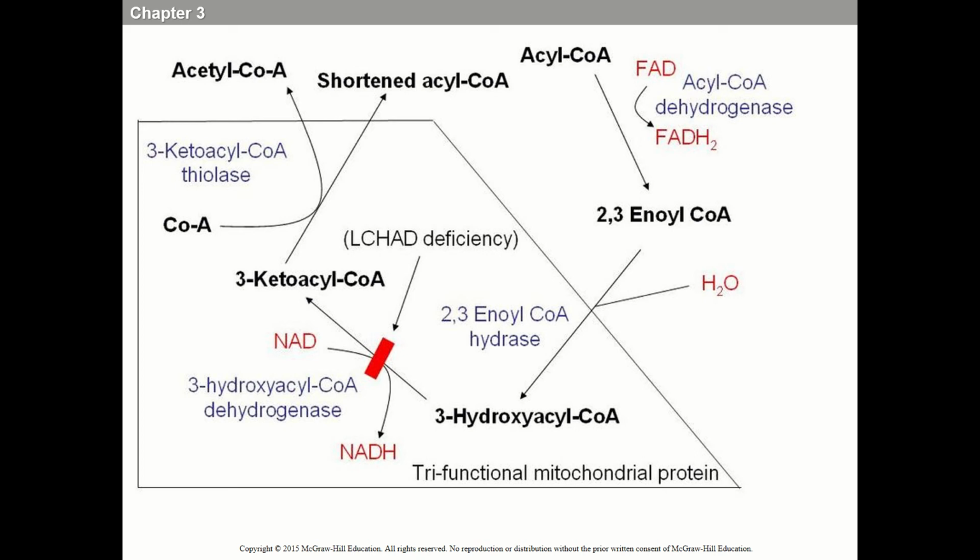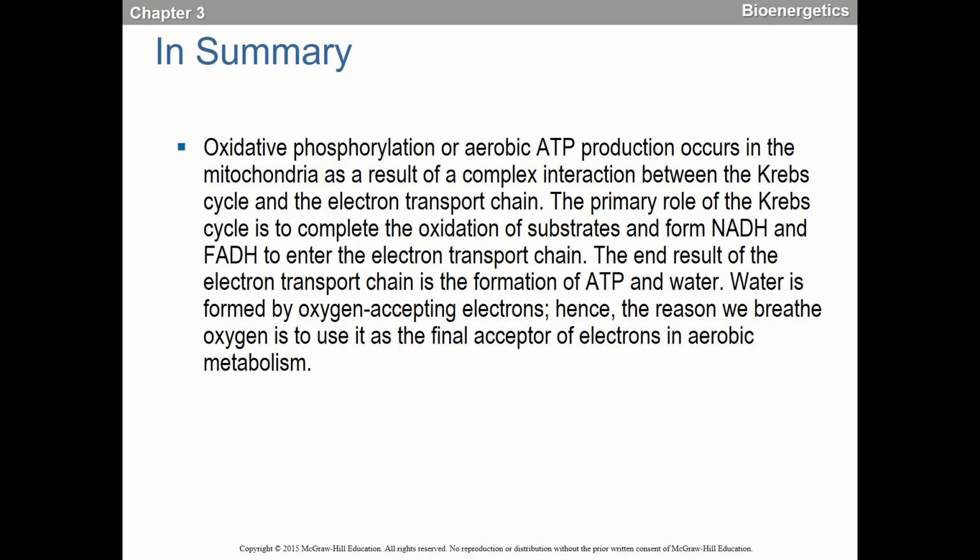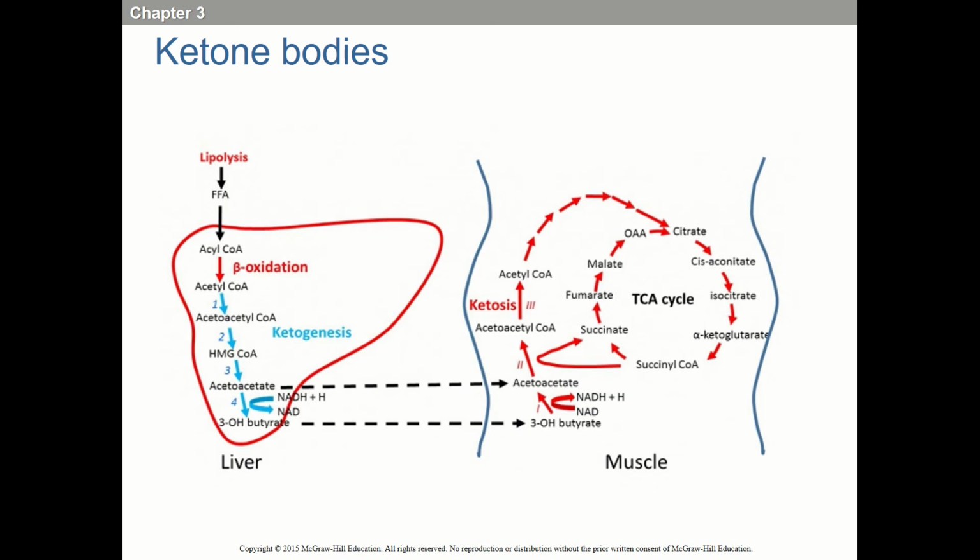So if we have 16 carbons, we go through it 7 times or so. Is that right? Something like that. That's not really much of a big deal for you to know, but really just beta oxidation is chopping off 2 carbons at a time because acetyl-CoA is 2 carbons in length. Hopefully that makes sense. All right, moving on just a little bit.